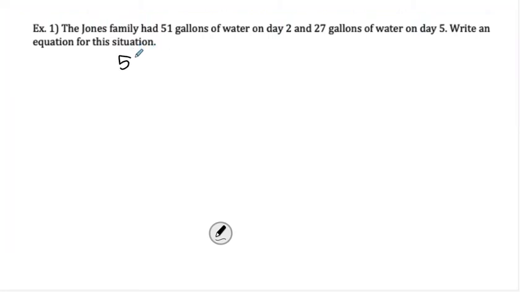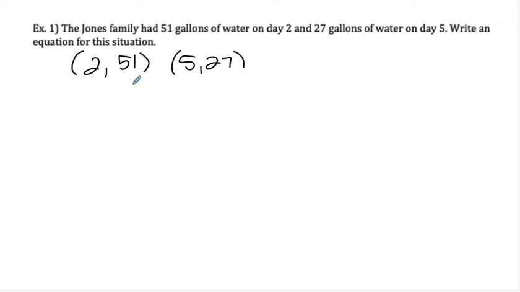So we had 51 gallons on day 2. So day 2 is our input, 51 gallons is our output, and 27 on day 5. So our second ordered pair is 5, 27.